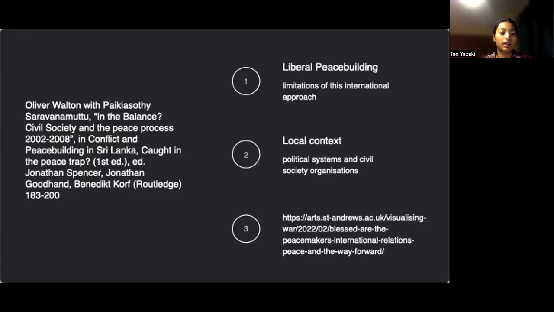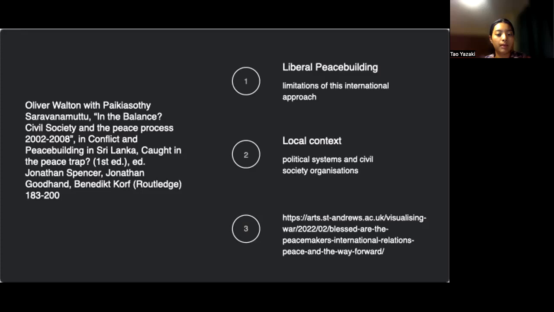In Sri Lanka, these authors focus on civil society organizations and how Sri Lankan civil society organizations play a very distinct role in Sri Lankan society, which is not universal.